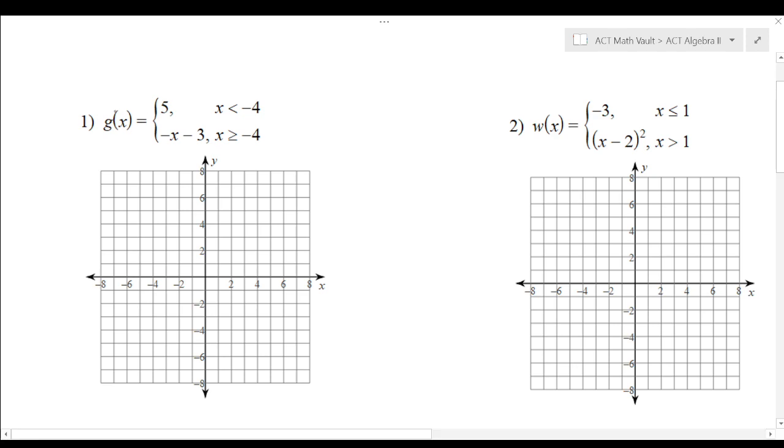So we have to somehow represent that situation on a graph, and what I suggest is graphing the line. Remember, g of x is just like a y. So if I was going to graph the line y equals 5, that's going on the y at 5, and it's just a straight line that represents all of the points where y is 5, then we get this line right here. But I only want that line with one specific case.